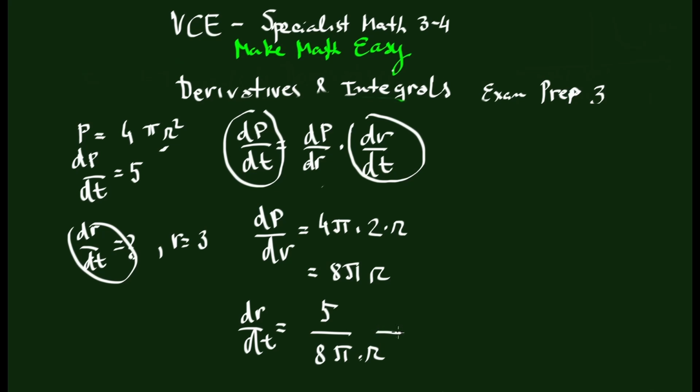And for r equals 3, we have 8 pi times 3, so it becomes 5 over 24 pi.